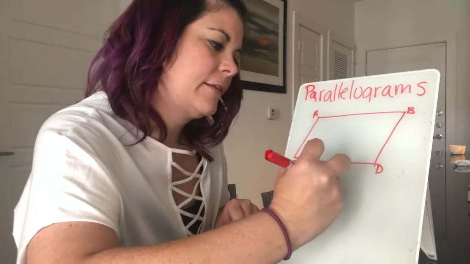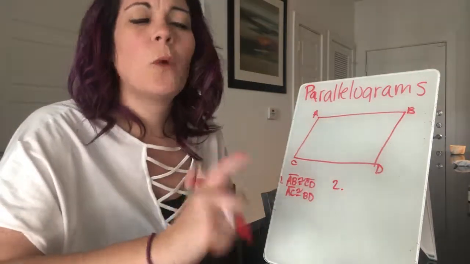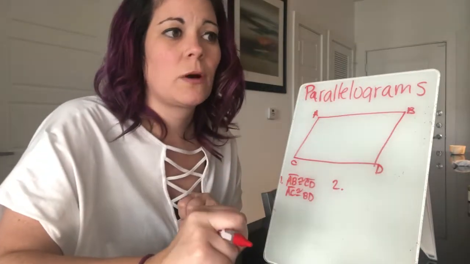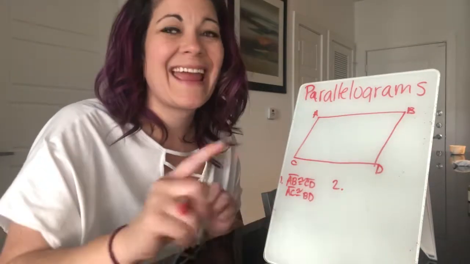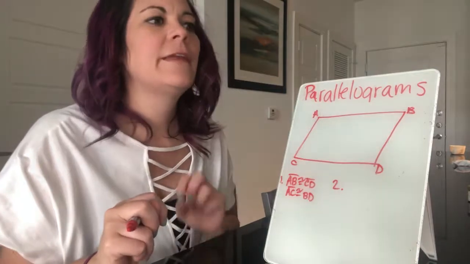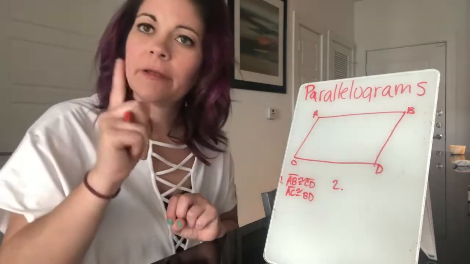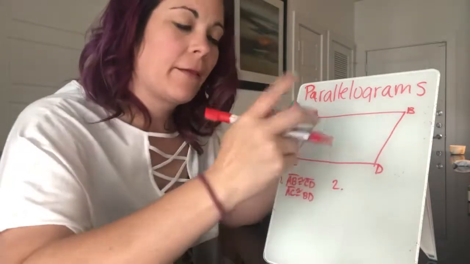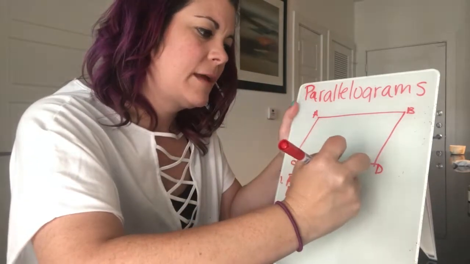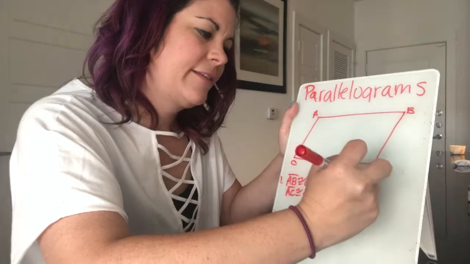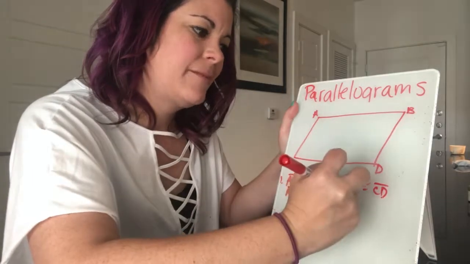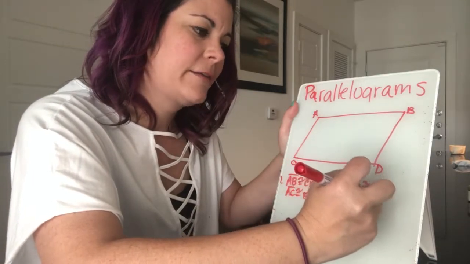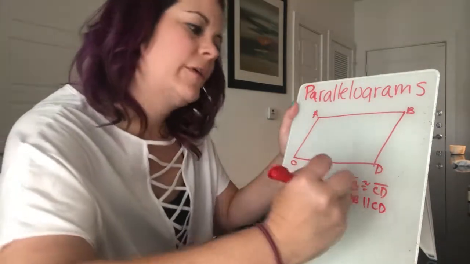The second theorem says if one pair of opposite sides of a quadrilateral are both congruent and parallel, then the quadrilateral is a parallelogram. So you only need one pair, but they have to be both congruent and parallel. You have to prove that. So if AB is congruent to CD and AB is also parallel to CD, then you can prove it.